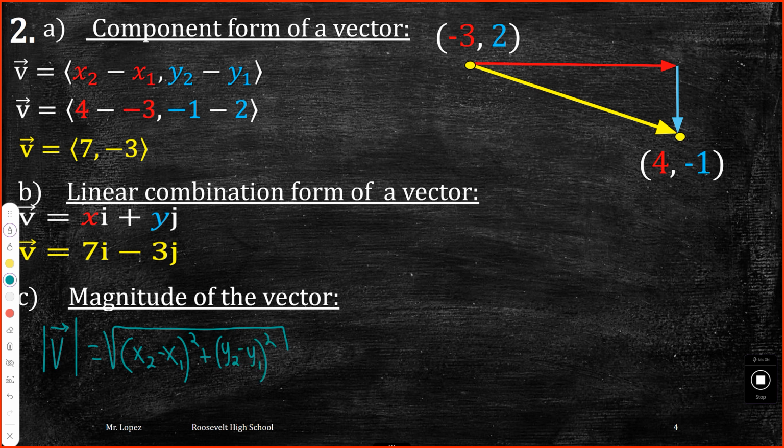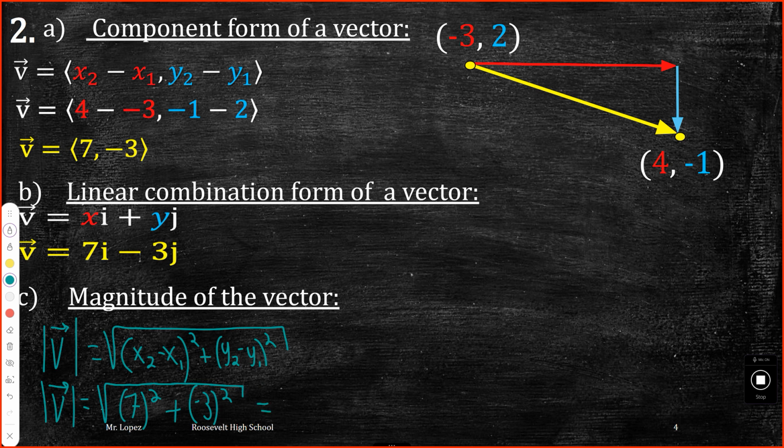And we already labeled them before. Step by step, we did 4 minus the negative 3, which is 7, so 7 squared plus, and then y2 is negative 1 minus 2, which is negative 3, so negative 3 squared.